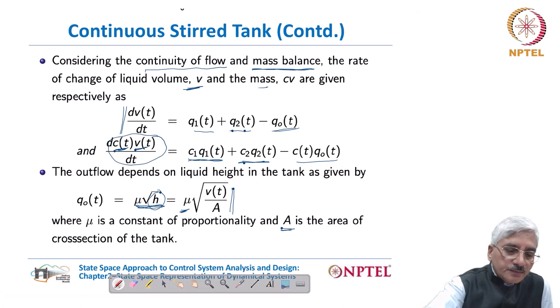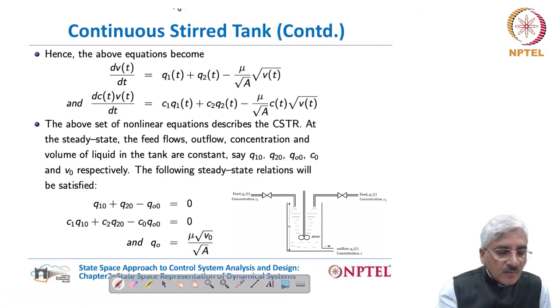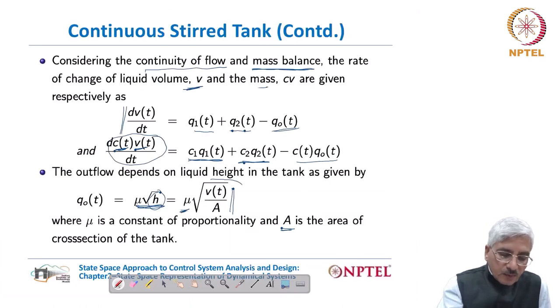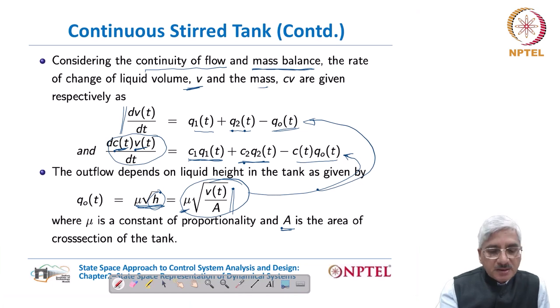We move next. What we have seen now, this outflow rate, we can substitute here as well as here in these two places, and then these equations will be in terms of Q1, Q2 and the liquid volume in the tank.